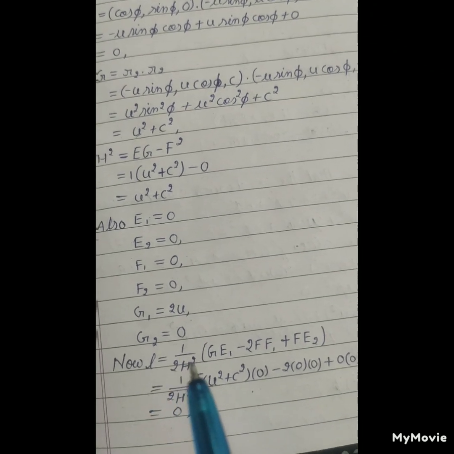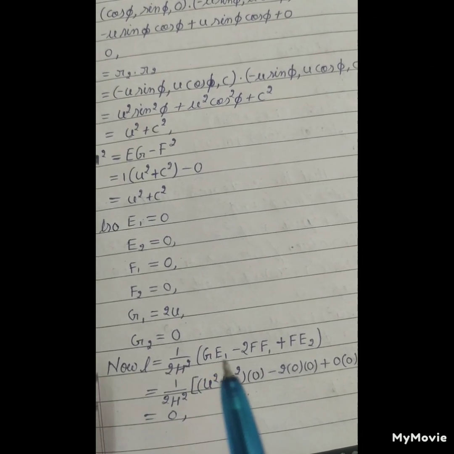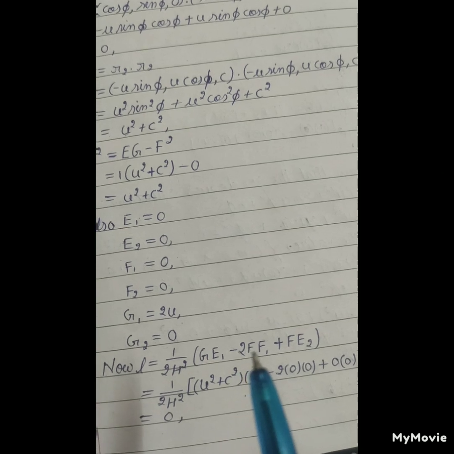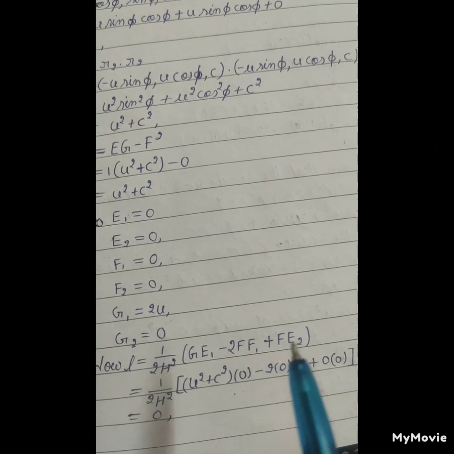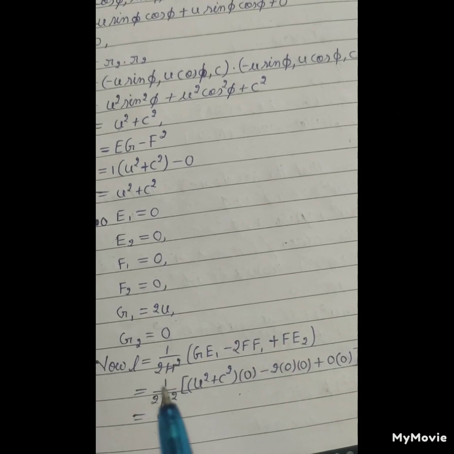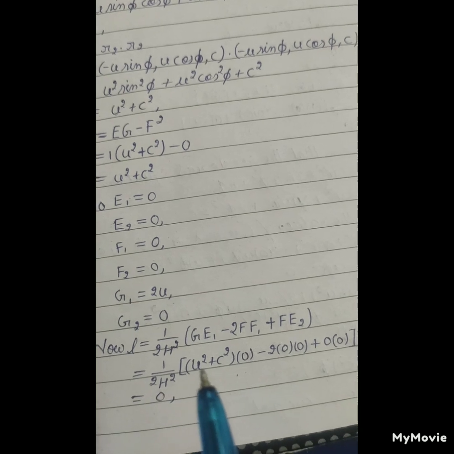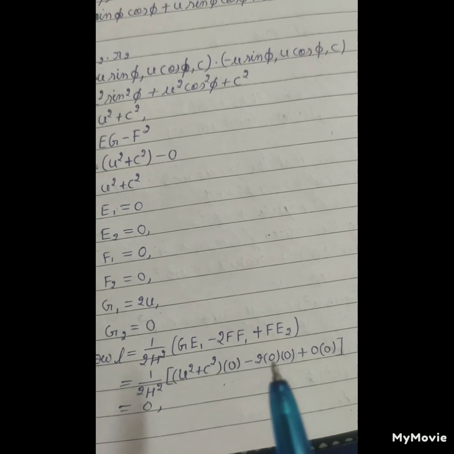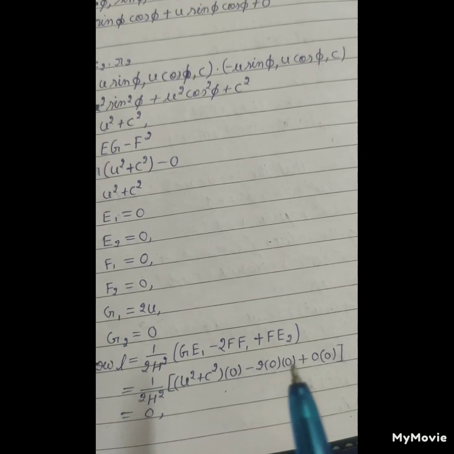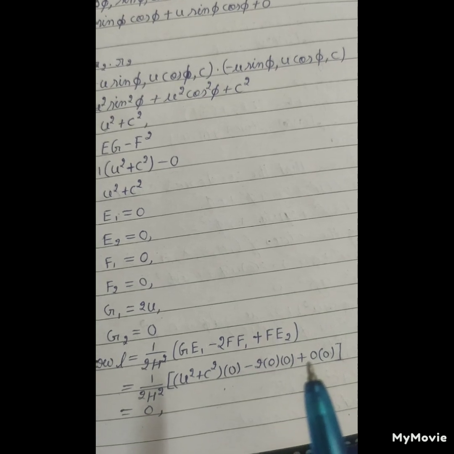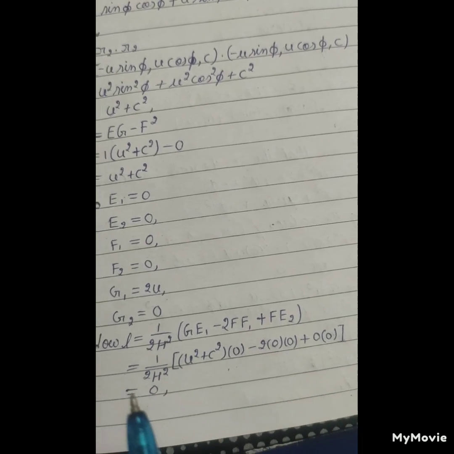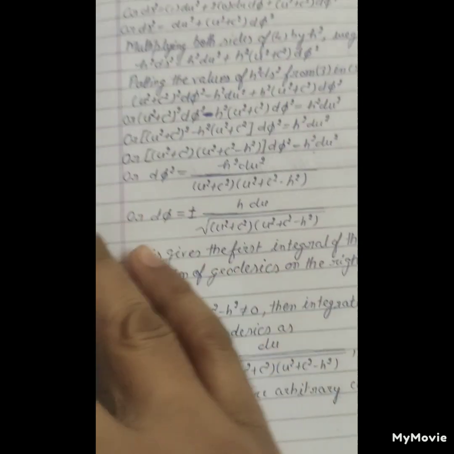Now L equals 1 upon 2H² [G E1 minus 2F F1 plus F E2] equals 1 upon 2H² (u² plus c²) into 0 minus 2 into 0 into 0 plus 0 into 0 equals 0.